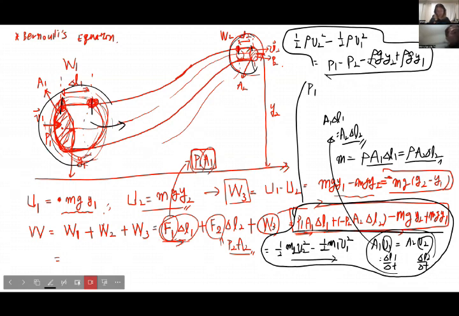So P1 plus 1/2 rho V1 squared plus rho g y1 is equal to P2 plus 1/2 rho V2 squared plus rho g y2.